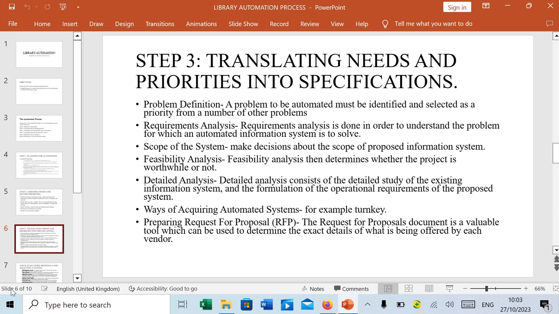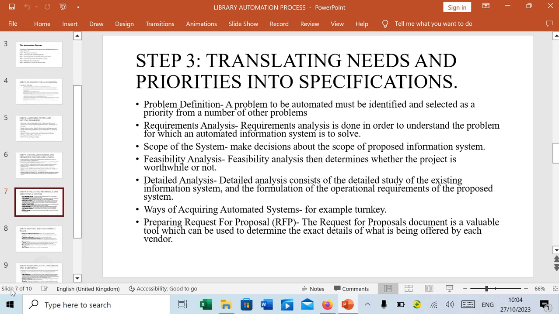Then you have the requirement analysis so that you may be able to understand the problem which an automated information system is to solve, the scope, the feasibility analysis, detailed analysis, and the ways of acquiring the system, for example, the turnkey. Then prepare the request for proposal, which is a very valuable tool which can be used to determine the exact details of what is being offered by each vendor.